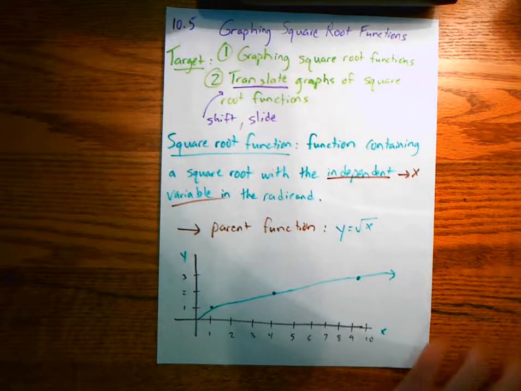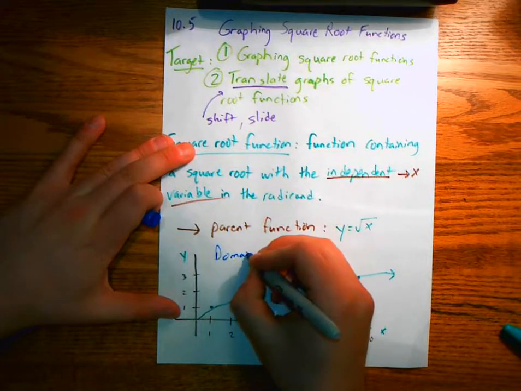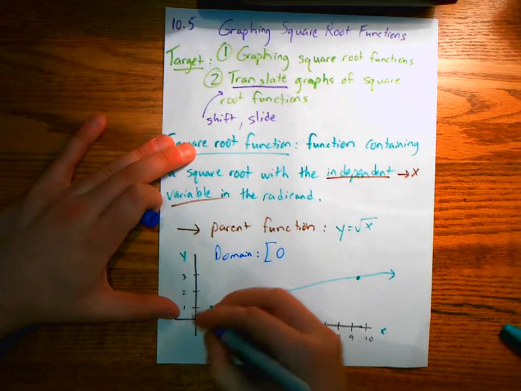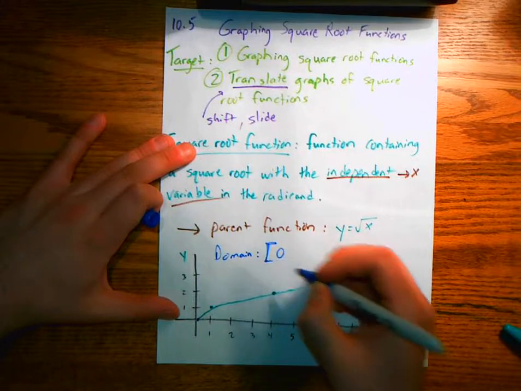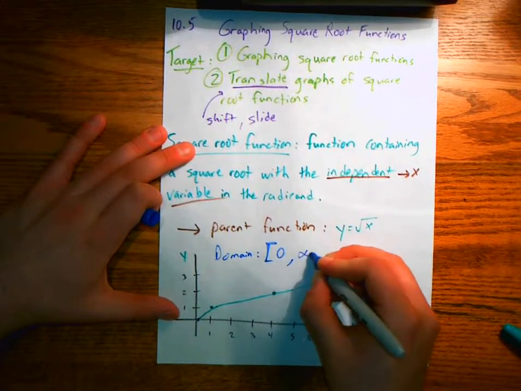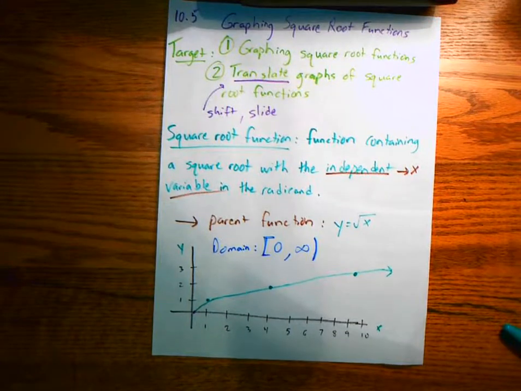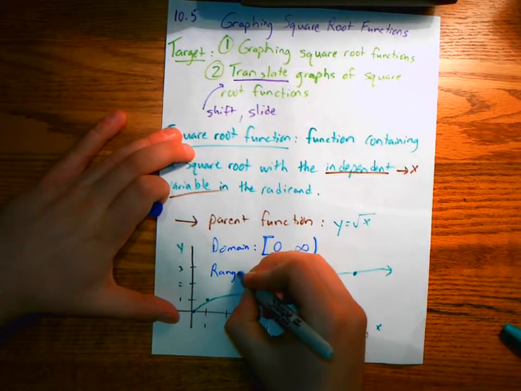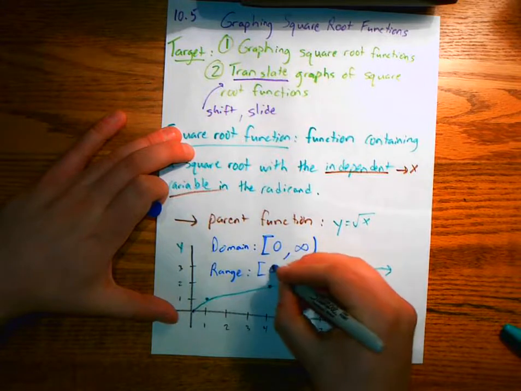Right now the domain of this graph starts at the point 0, which I use my bracket to say that the point 0 is included, and it goes on to infinity. I use parentheses because infinity cannot be included, because infinity is not an actual point. Then the range is the exact same thing for the parent function. You start at the point 0 and you're moving up to infinity.